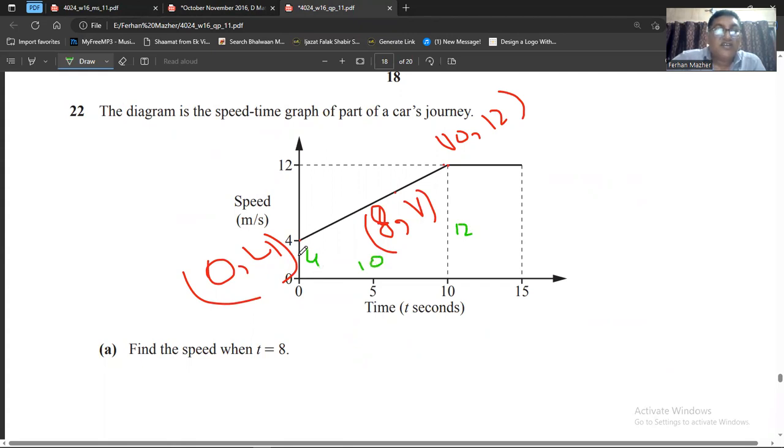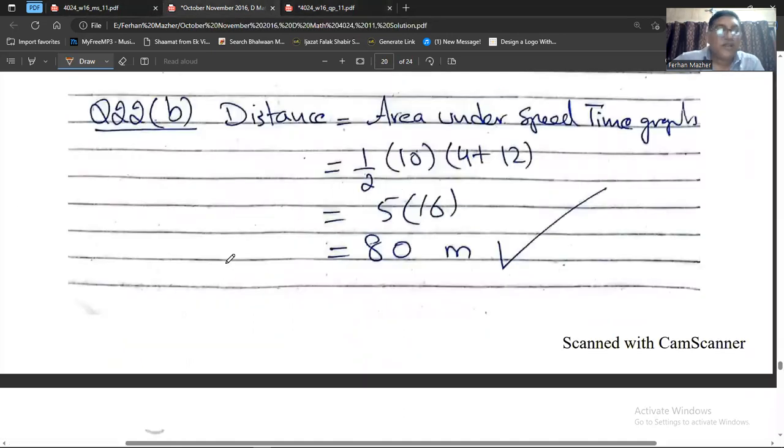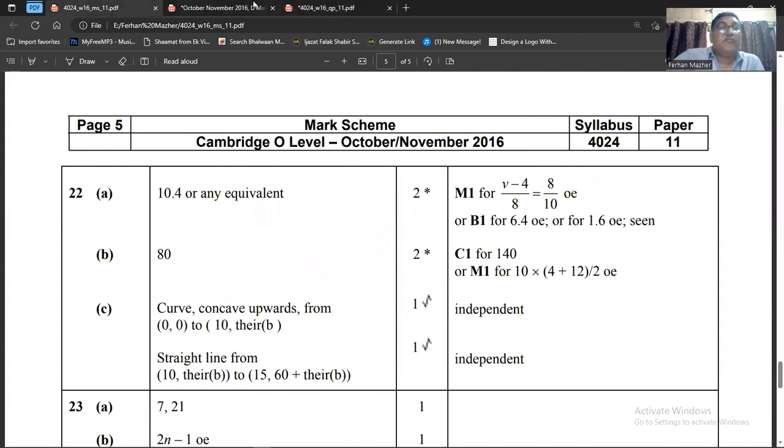These are the two parallel sides of the trapezium, and this is the height of the trapezium. So it will be 1 by 2 into 10, and the sum of 4 and 12. 1 by 2 into 10 is 5, and 4 plus 12 is 16. So 5 into 16 will be 80 meters. So the distance covered in the first 10 seconds is 80 meters.